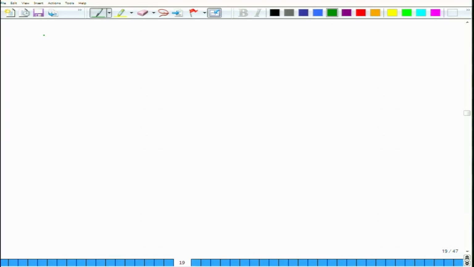So, overall the relationship which we had developed was: there is an N vector and there are moment resultants. They are related to this 6 by 6 matrix, which is made up of A, B and D submatrices, times mid-plane strains and mid-plane curvatures.